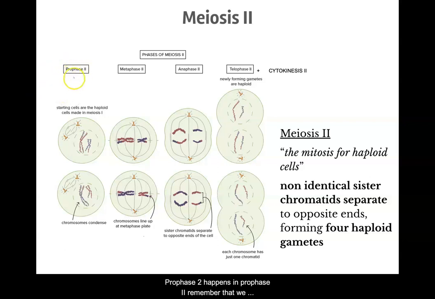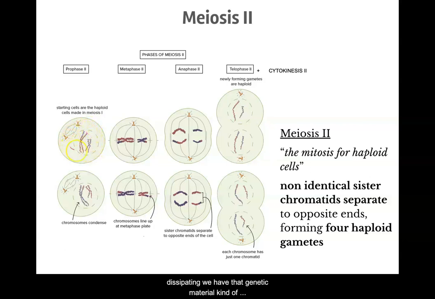Prophase 2 happens. In prophase 2, remember that we ended up with two non-identical haploid daughter cells. We're going to go ahead and continue on. I'm going to focus on the one on the top as I talk through this. In prophase, we have the centrosomes migrating to opposite poles of the cell, the spindle apparatus forming, and the nuclear envelope dissipating.